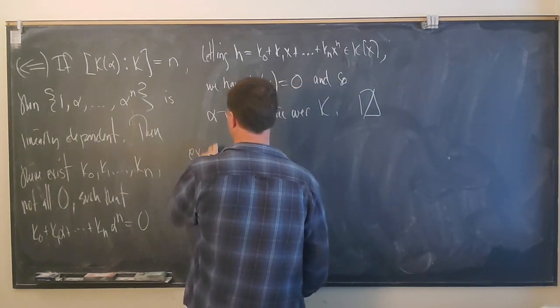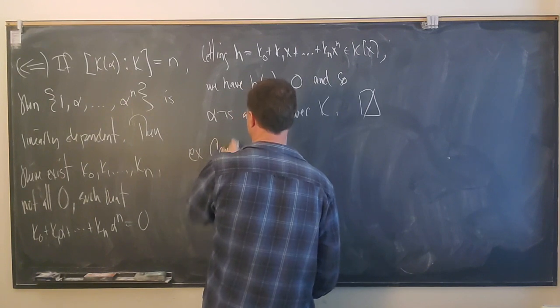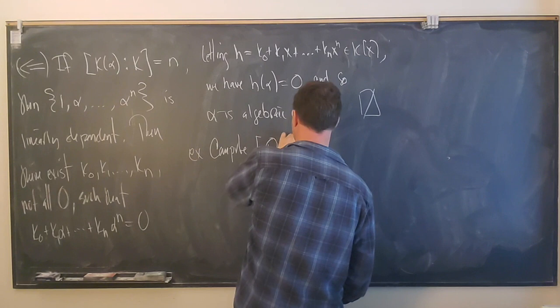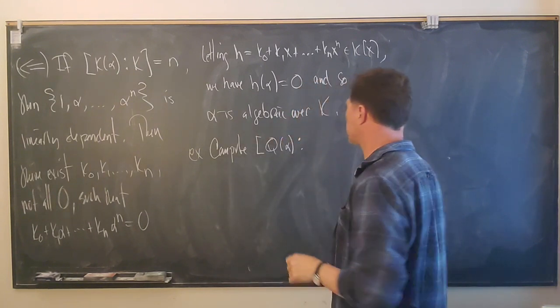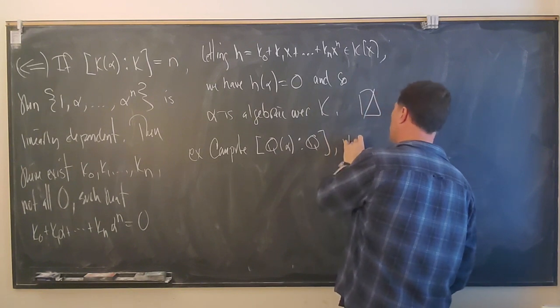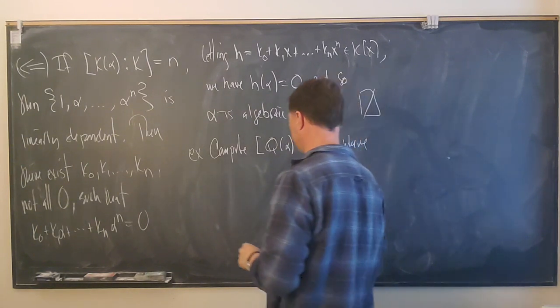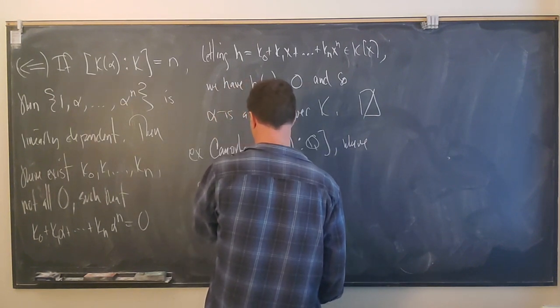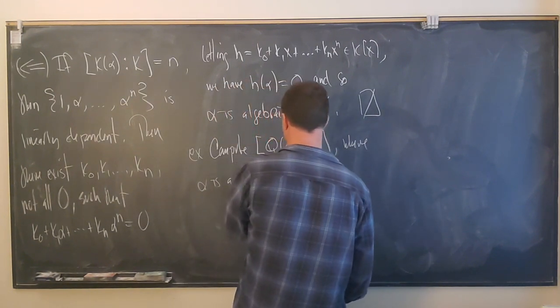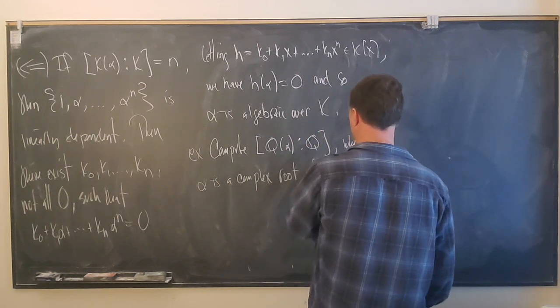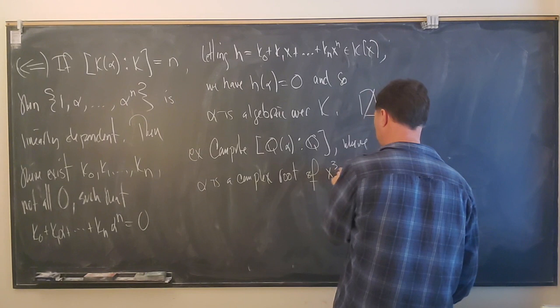As a first example, let's compute the degree of the extension Q adjoint alpha over Q, where alpha is a complex root of the polynomial x cubed minus 1.